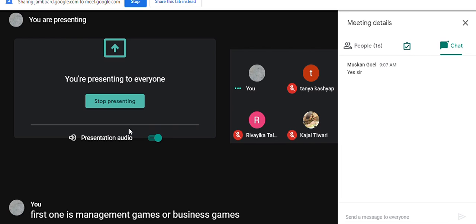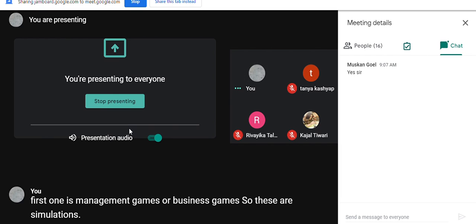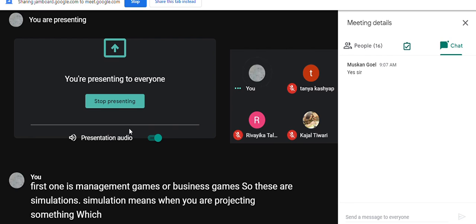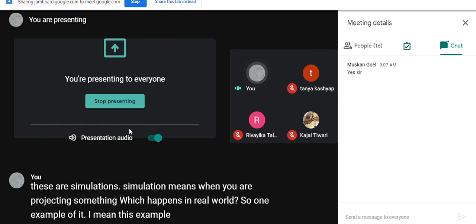So these are simulations. Simulation means when you are projecting something which happens in the real world. One example of it, this example is not related to the thing we are studying.